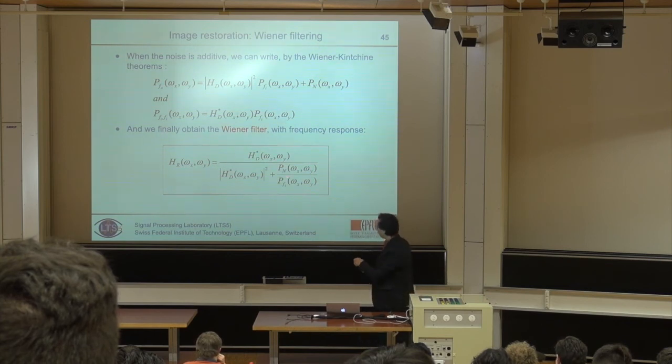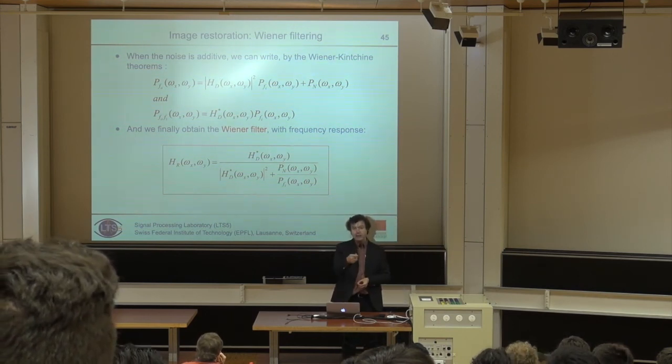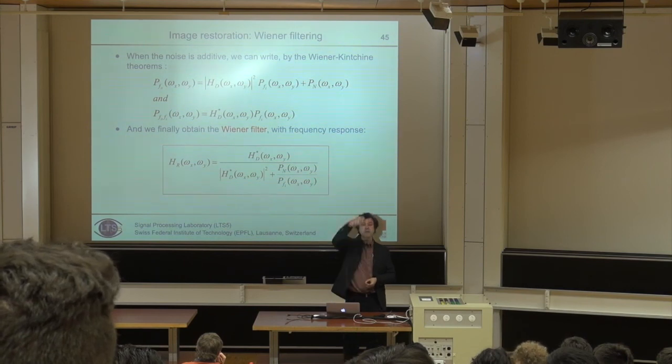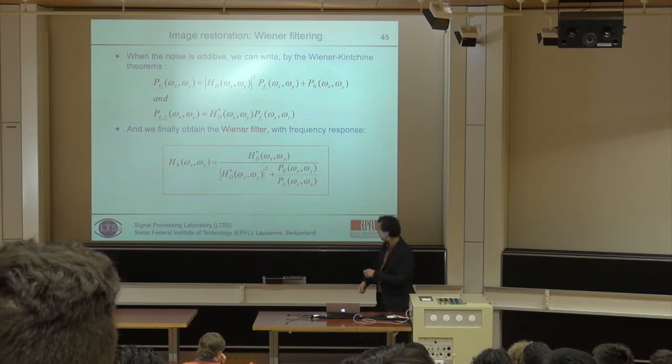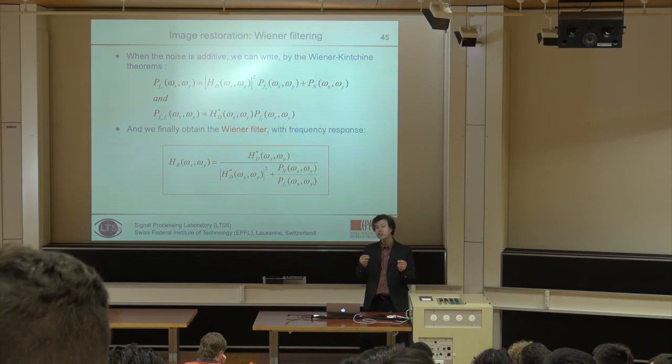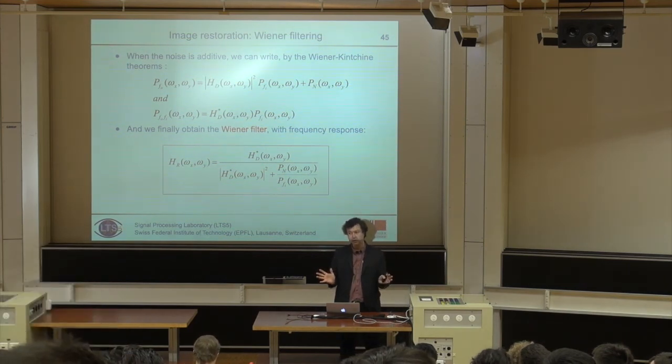So basically, adaptively, depending on the content of the noise and the content of the image, each frequency will be amplified by a value that ranges from the inverse filter if there is no noise, to 0 if there is infinite noise. And in between, it finds the best trade-off to do a little bit of inverse filter or not. That's really the Wiener filter.